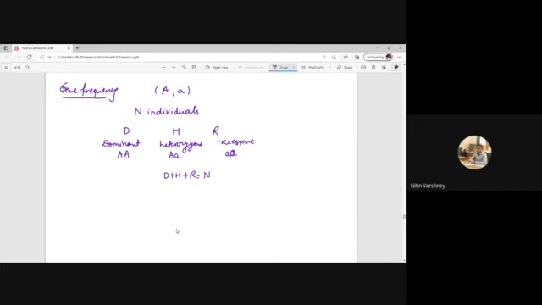So three types of individuals are capital A, capital A, small a, and small a, small a. And there are only two types of genes, that is capital A and small a. So with these two types of gene, there are three types of individuals.